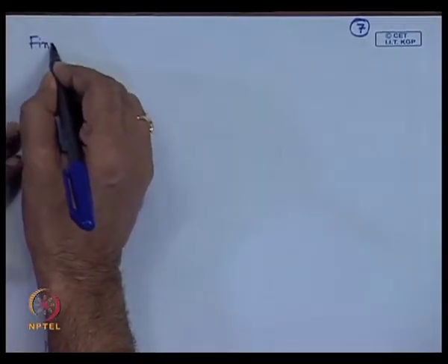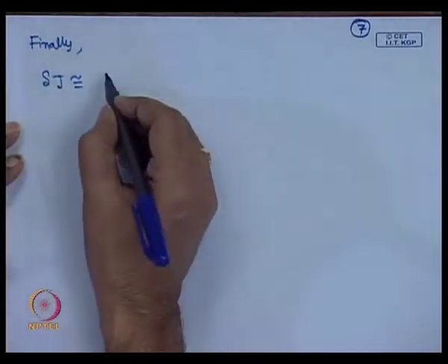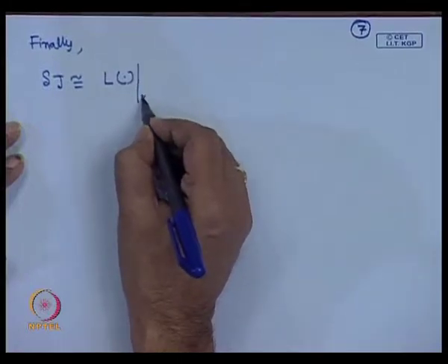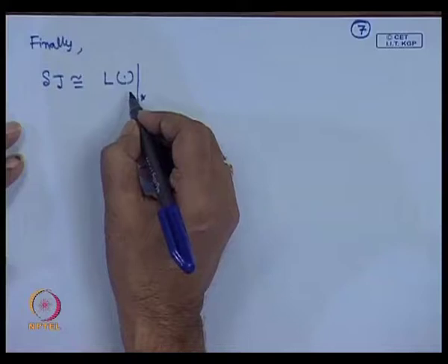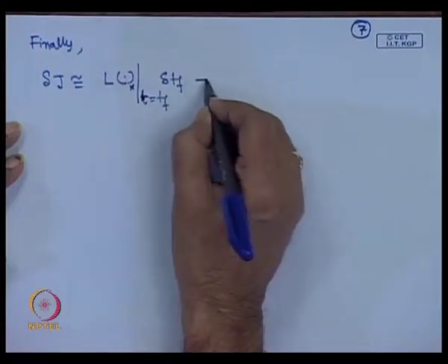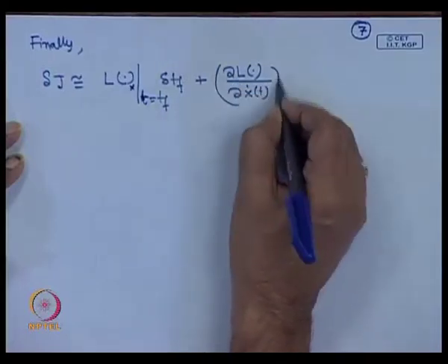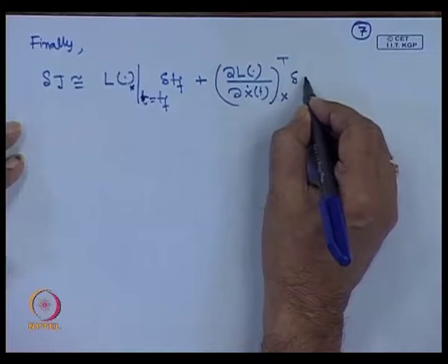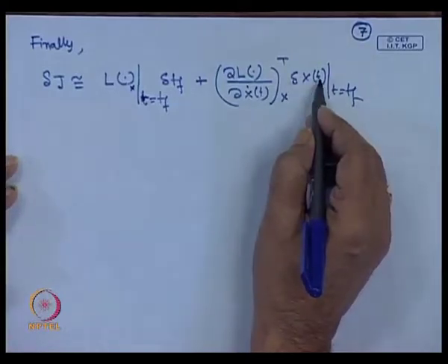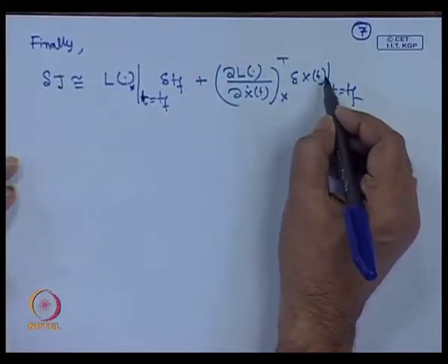Delta j is nearly equal to L dot star at T is equal to T f into delta T f, plus del L dot del x dot whole star delta x at T is equal to T f. Agree?